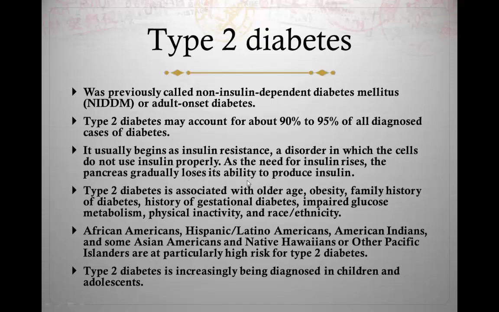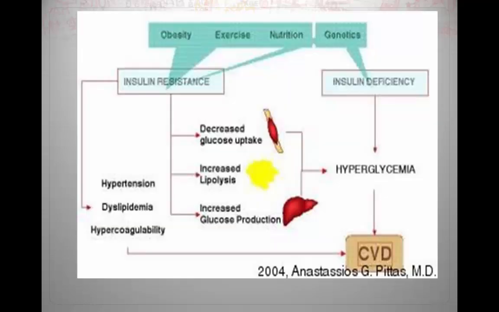It's associated with older age and obesity and metabolic syndrome. Patients that have gestational diabetes could get diabetes type 2, or any impaired glucose metabolism, sedentary lifestyle. African Americans or Latinos or Indians have risk for type 2 diabetes, even though it could be present as well in children and adolescents due to the high increase in obesity nowadays.